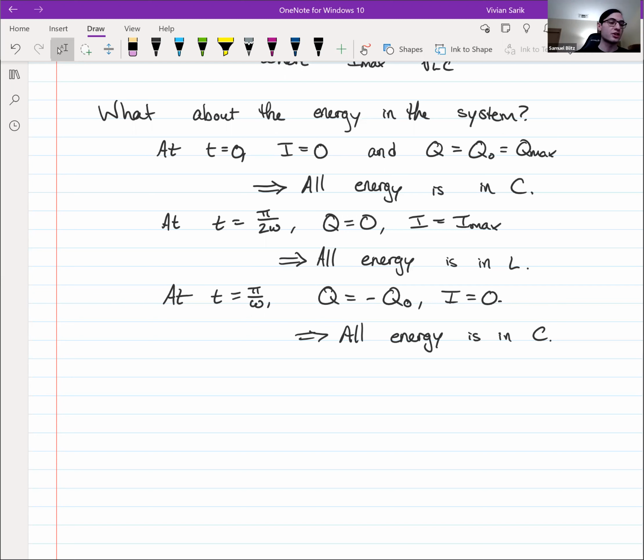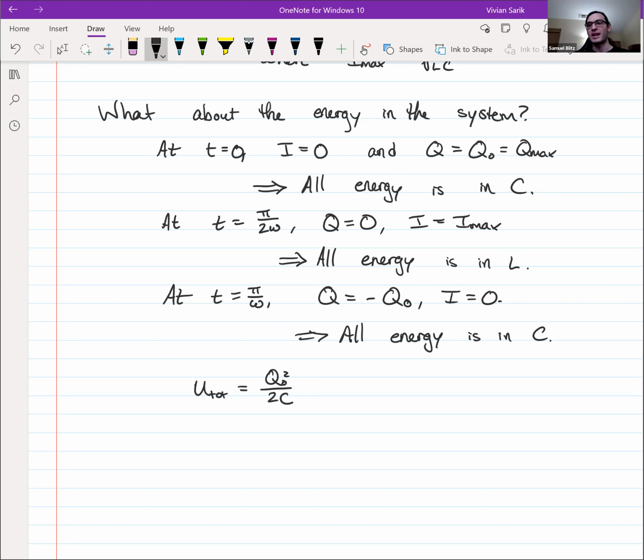Now, the way that the energy is described is you could either describe the total energy as the energy in the capacitor when the capacitor has maximum energy, or when the inductor has maximum energy. So in this case, U total is Q naught squared over 2C.